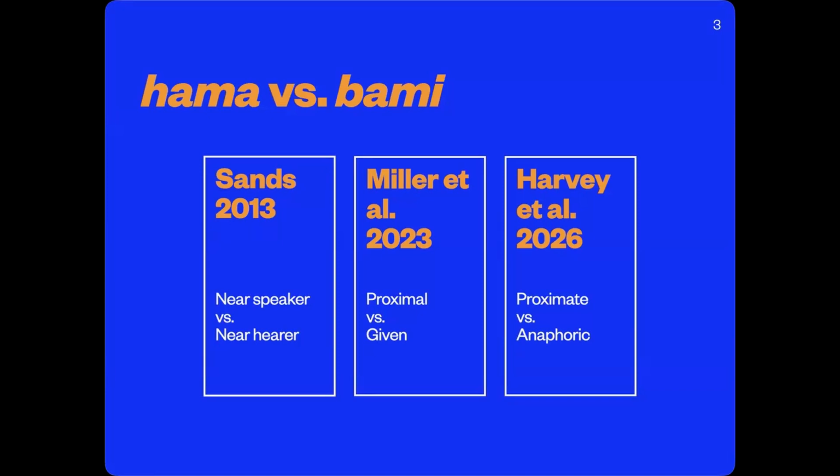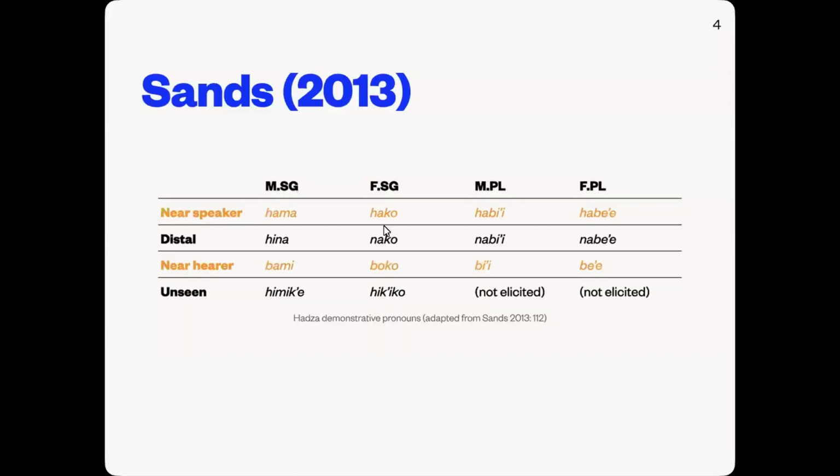Then we have Miller and colleagues 10 years later. They categorize them as proximal and given. And then Harvey and colleagues in 2026 categorize hama and bami as proximate and anaphoric.